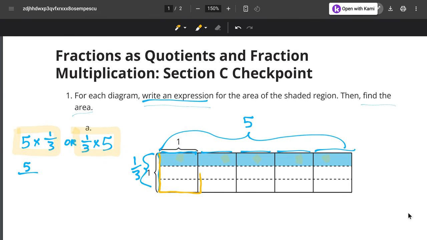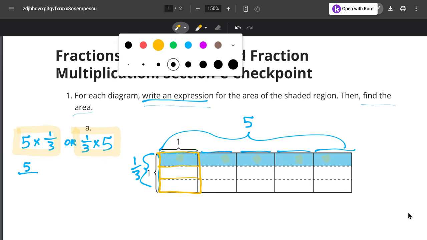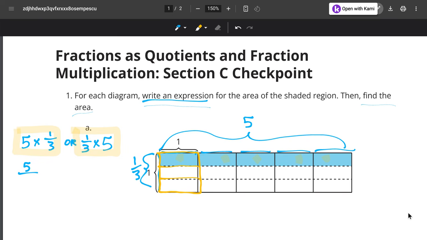How many rectangles make up one whole? Well, there are 3. So the denominator of our area is going to be 3. We know that 5 times 1/3 equals 5/3. So we can complete our expression to find our answer, or we can also think about how many shaded parts we have as our numerator, and how many parts are in one whole as our denominator.